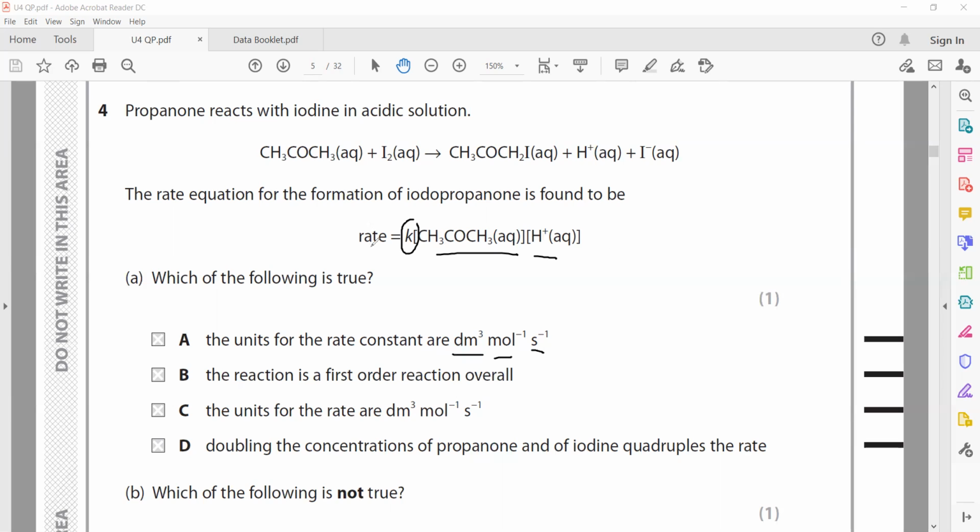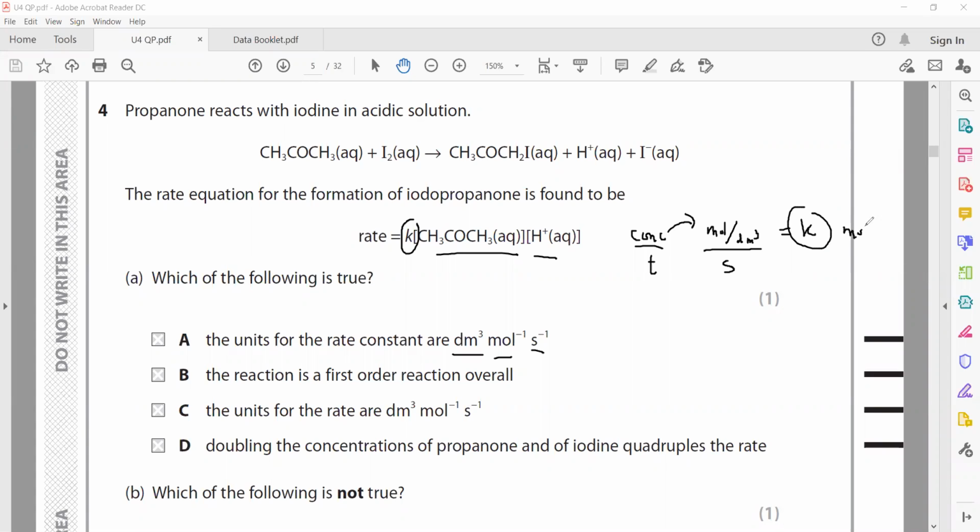Because what is the unit of rate? It's a change in concentration divided by time. So what is the unit of the concentration? The unit of the concentration is mole per dm cube divided by time. Time is in seconds.